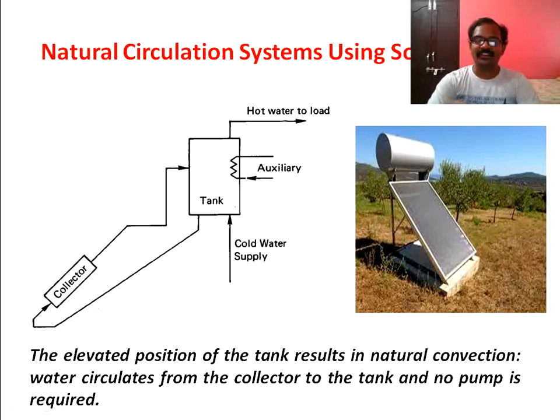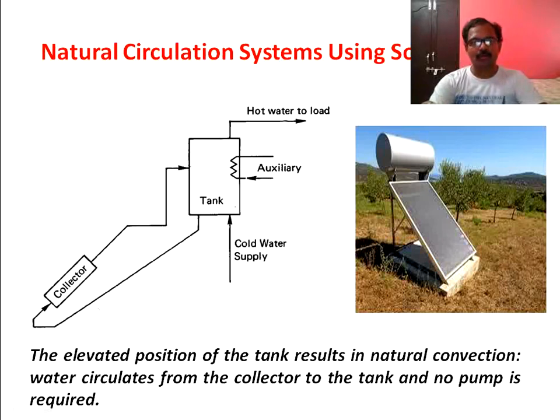Here we have an elevation between the tank and the collector, and that's why water will flow from tank to collector without using any pump. That's why it is called a natural circulation system. Right, now let's see the working of it.